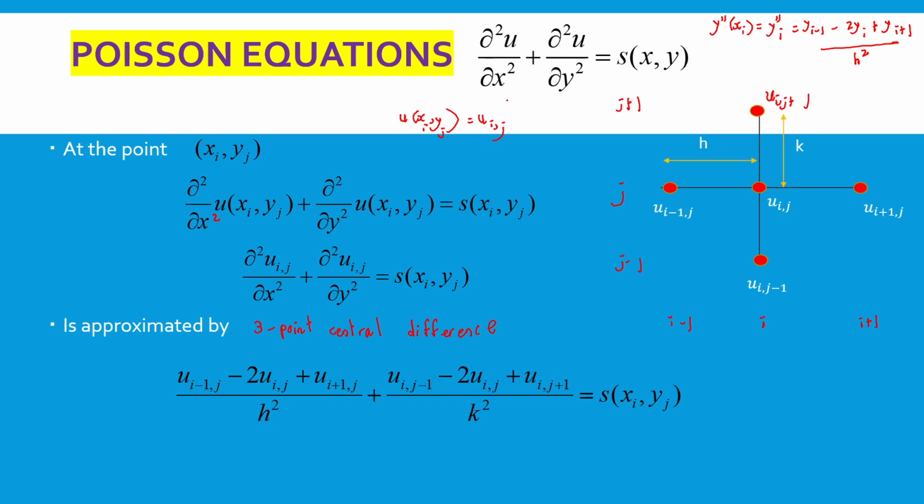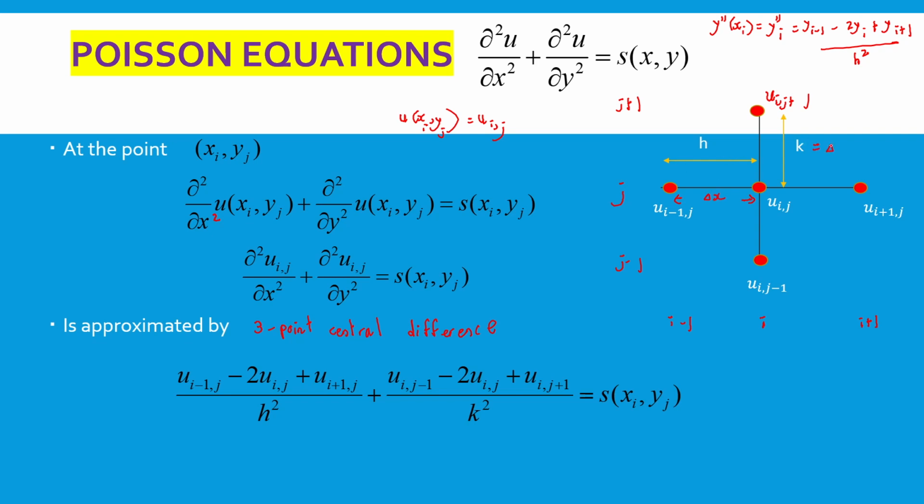So when you differentiate with respect to x, y is constant, which means we fix j. That's why you have u(i-1,j) minus 2 uij plus u(i+1,j) divided by delta x squared, where delta x is the h.